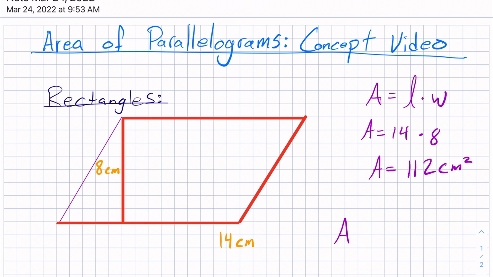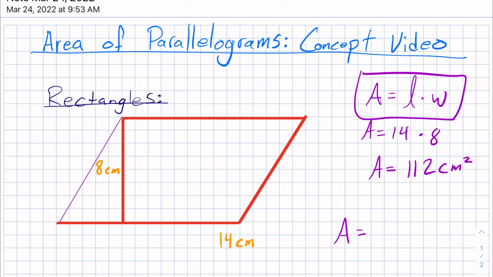A equals what? Well, doesn't it have to be the same as a rectangle, basically? A parallelogram is not the same shape as a rectangle, but it is the same size, rearranged into a different format. So the formula must be really similar.